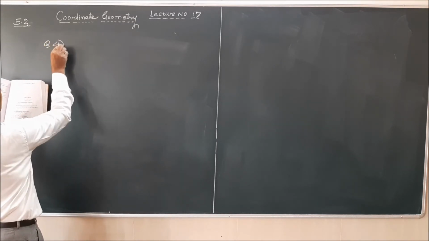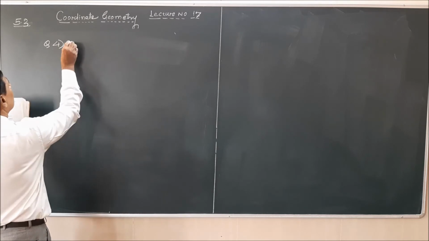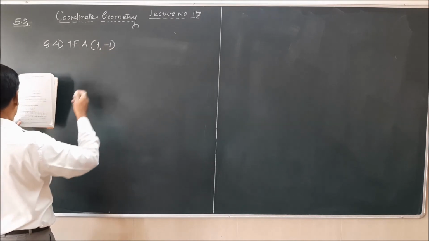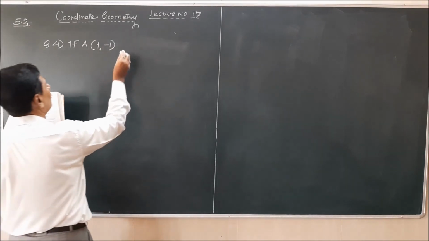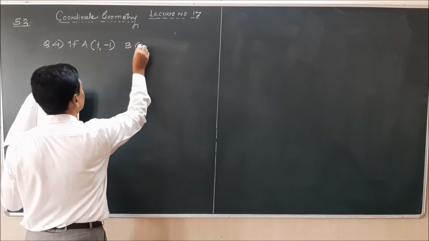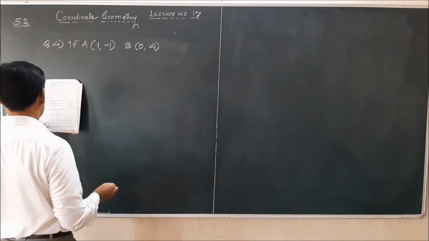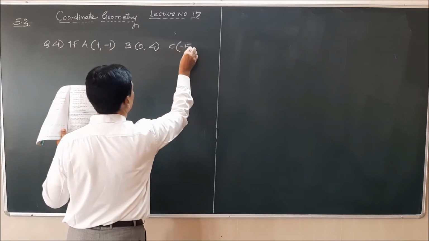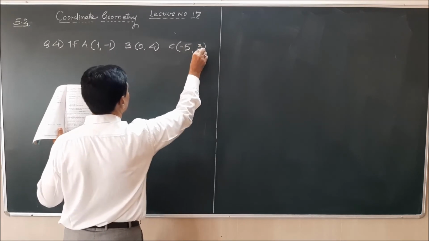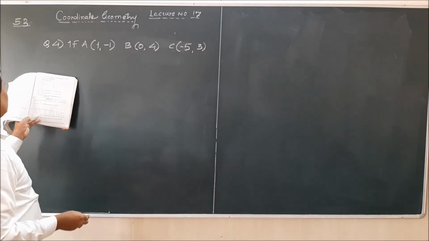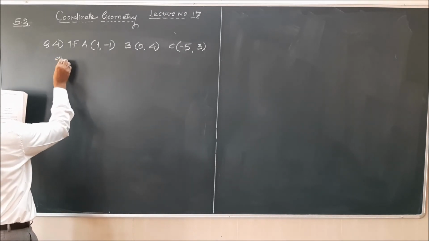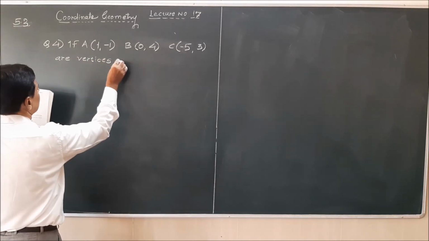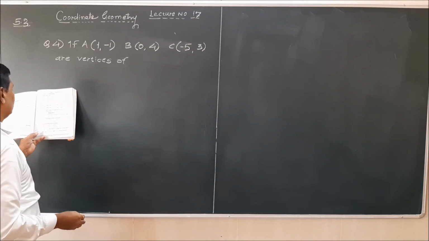Question number 4 is, if A (1, minus 1), B (0, 4), C (minus 5, 3) are vertices of the triangle.